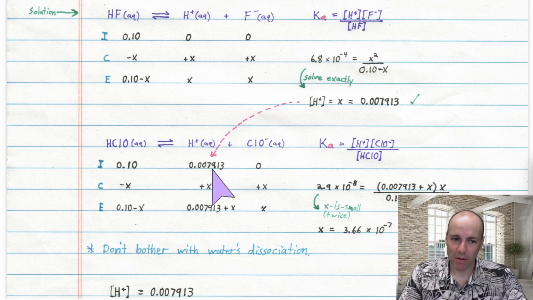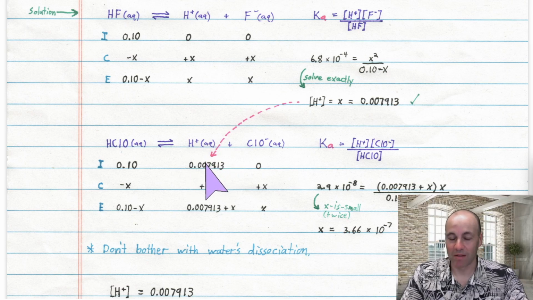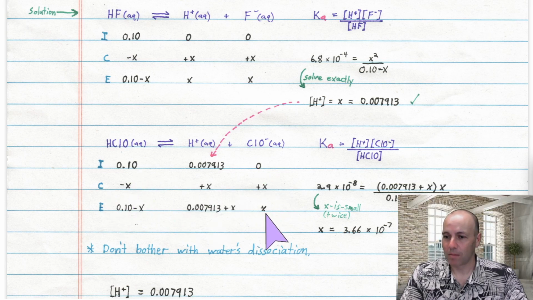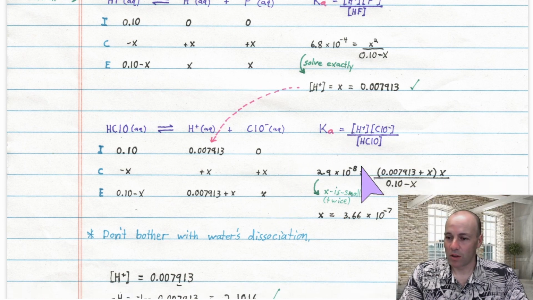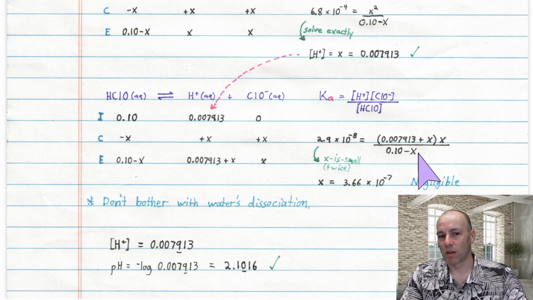So plug that in right there, just like we did in the polyprotic acid situation, where the first dissociation proton concentration was plugged in as the initial proton concentration in the second reaction. Since we don't have any hypochlorite yet, we lose X here and gain X there and there. Those are our equilibrium concentrations, and we plug those into the Ka equation and plug in the value for Ka. And now we're left with this expression.